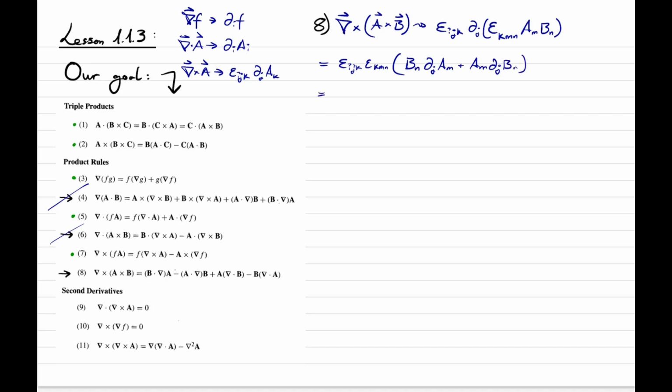So we are going to do the same thing as before. The product of two Levi-Civita symbols is a linear combination of the product of Kronecker deltas. So this is just going to be Kronecker delta mi nj minus delta mj ni, and this is times this exact thing.